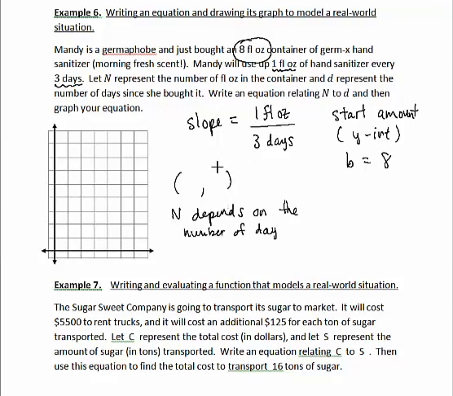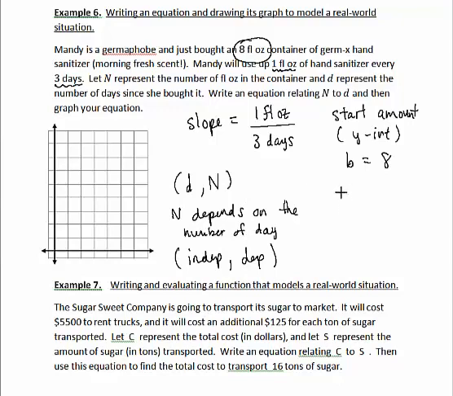So n depends on the days, and we insert n into the place of y and d into the place of x. The way that we usually organize our ordered pair is we put the independent variable first and the dependent variable second. Independent variable is x, dependent variable is y. And so n depends on d, and this is the way we're going to arrange our ordered pairs.